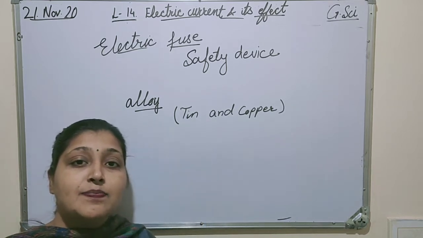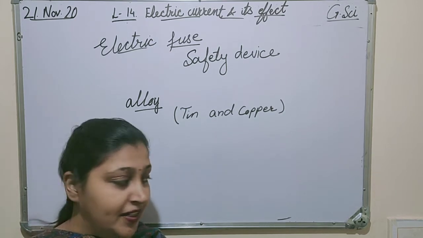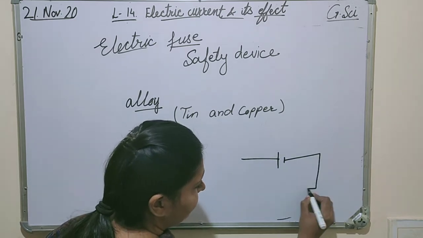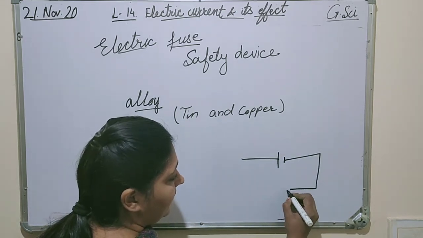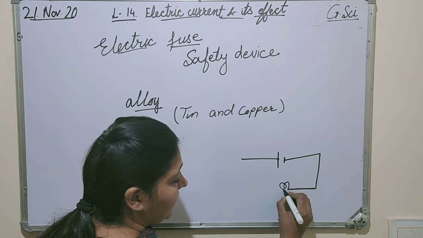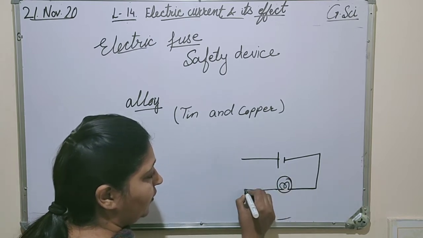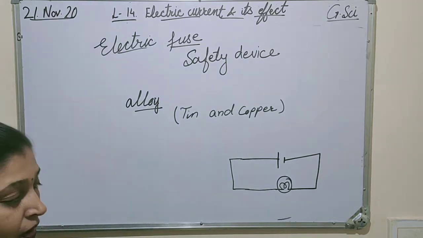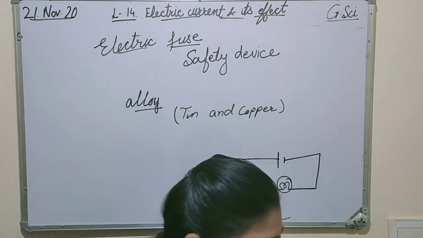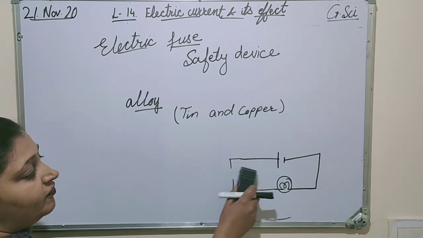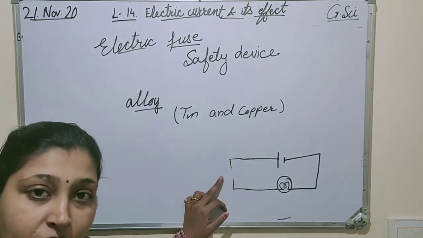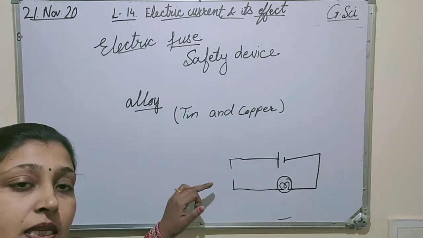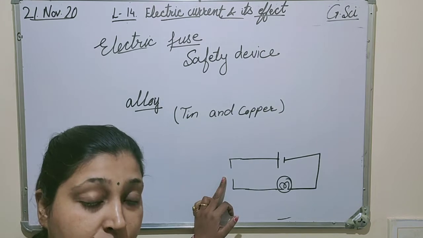Suppose this is a circuit, and I will say a bulb here. This is the simplest circuit, and I am not attaching the switch, just to guide you. This circuit will work. Now what happens if the wire is cut from here? Is this circuit complete? Will the bulb glow? No. This is the role of the electric fuse.